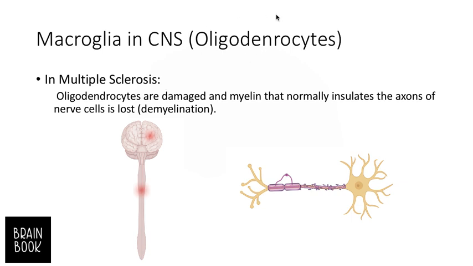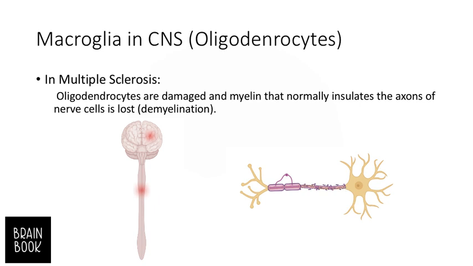When these cells are damaged, for example, from environmental reasons or even genetic reasons, they are not able to produce myelin for the neuronal cells, and these cells are not normally insulated from each other, and the axons are not insulated.